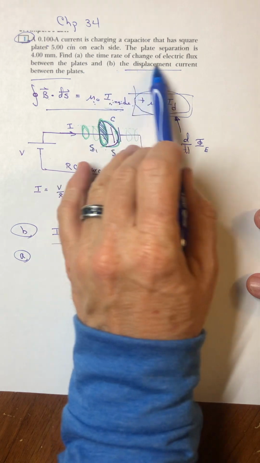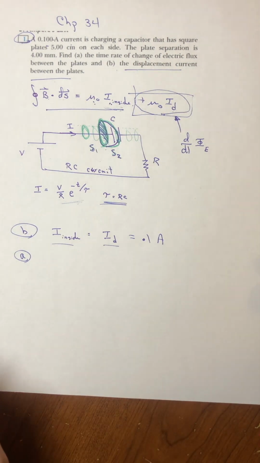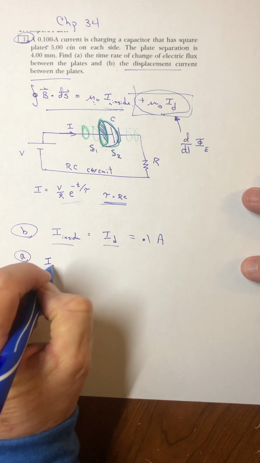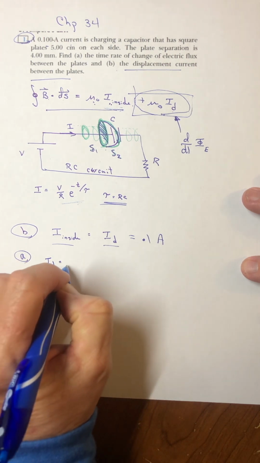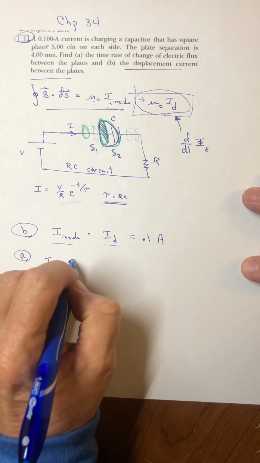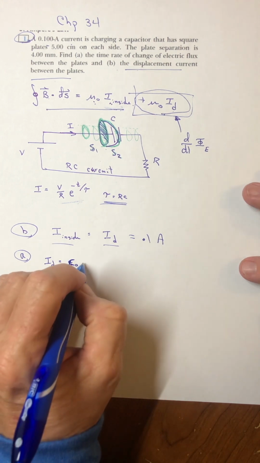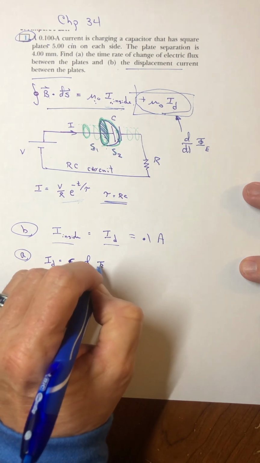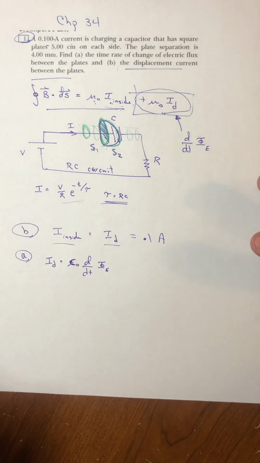Now, the changing electrical flux, we could then go to how he works out displacement current, which would then be epsilon naught times the change of the electrical flux.